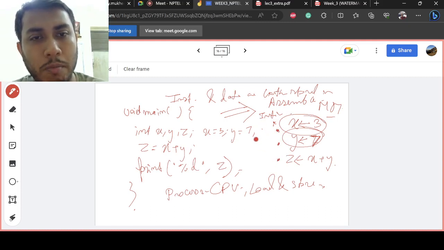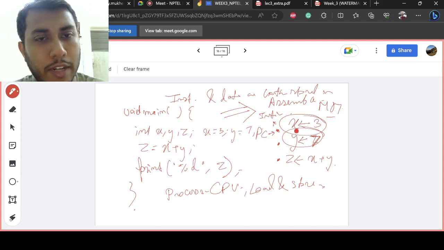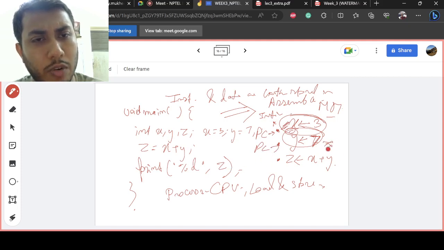At first, your program counter is here. After this statement is executed, your program counter changes to this one, and when this one is executed, your program counter changes to this one.